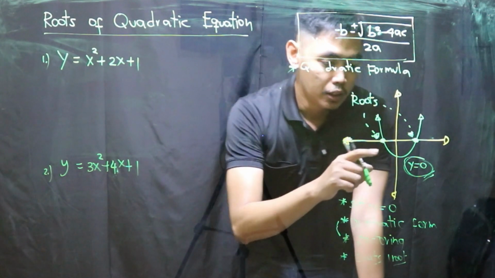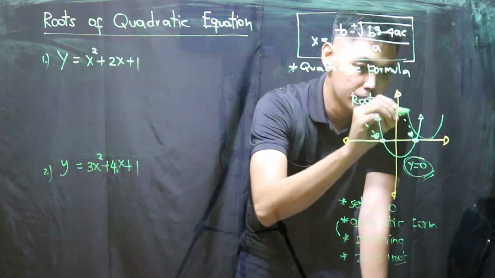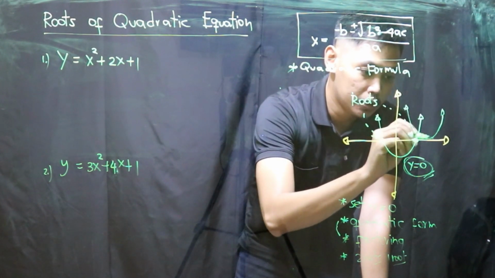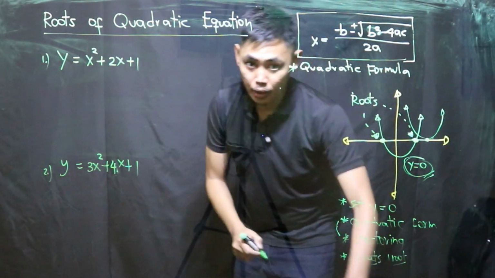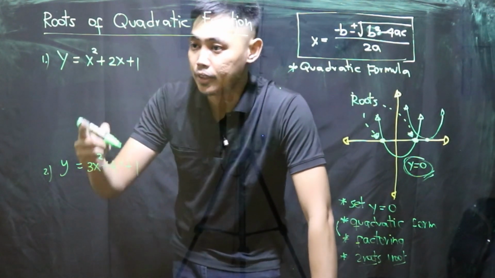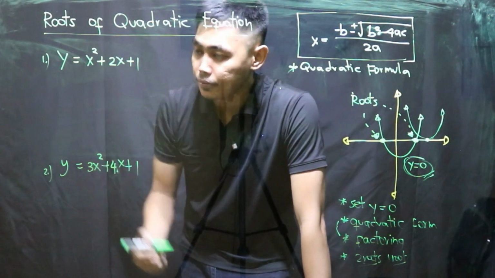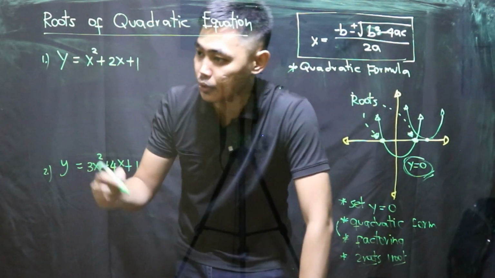So if your parabola is like this, for example, this parabola has only one root. Okay, so let's go ahead and try to solve this one. The first step is to set y equal to 0.